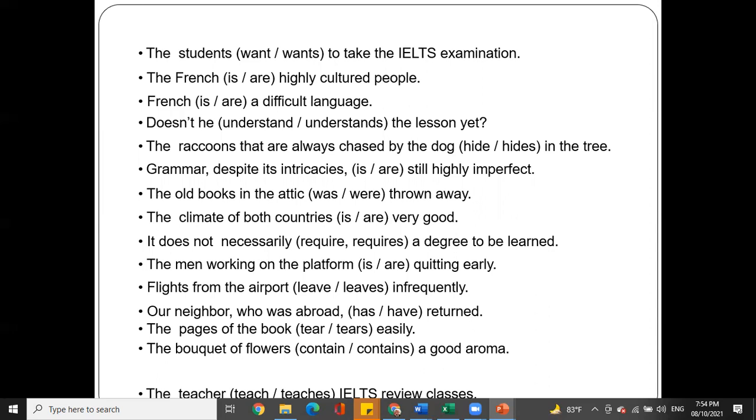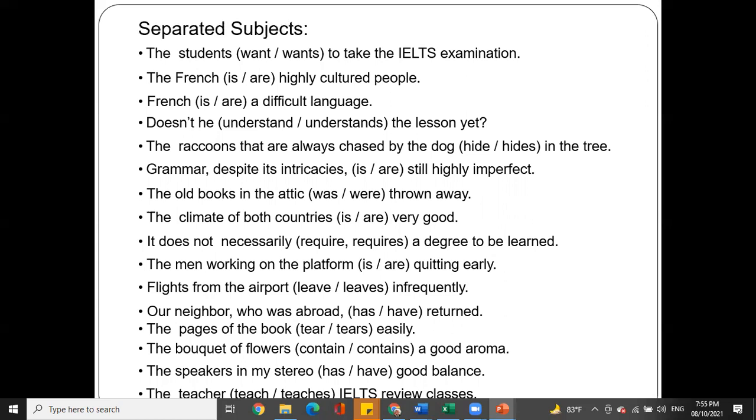The speakers in my stereo have good balance. Hopefully by that slide, we now realize that it's as simple as determining the subject. If the subject is he, she, or it, then the verb contains an s or es.